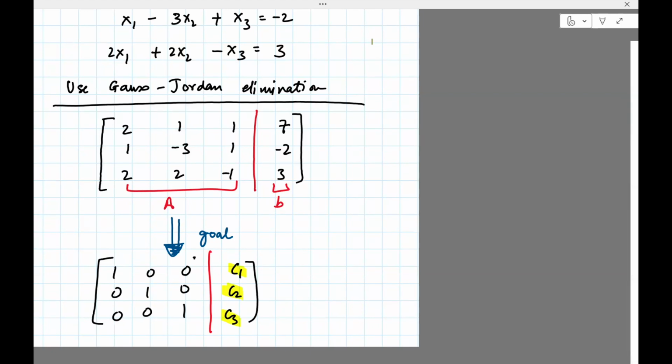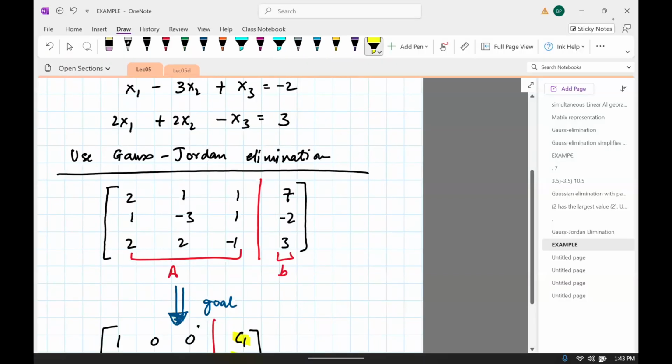Okay, so let's work with that. Create a 1 in the pivot, eliminate everything below the pivot, and then keep doing that till you get an identity matrix. Okay, so here we go.